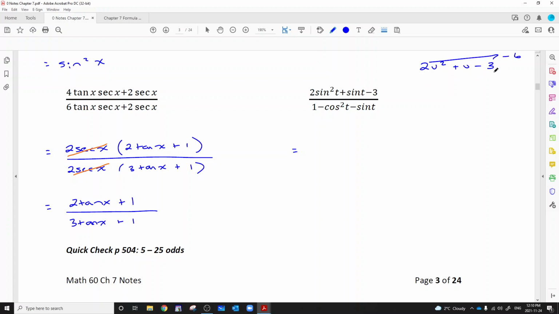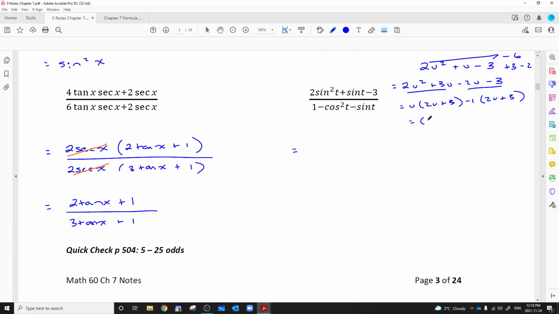So I'm going to factor this. Two numbers that multiply to give me -6 and add to give me +1 would be +3 and -2. So then I'm going to decompose. So I've got 2u squared plus 3u minus 2u minus 3. Look for a greatest common factor. Out of the first group, I can take out a u to be left with 2u plus 3. Out of the second group, I can take a -1 to be left with 2u plus 3.